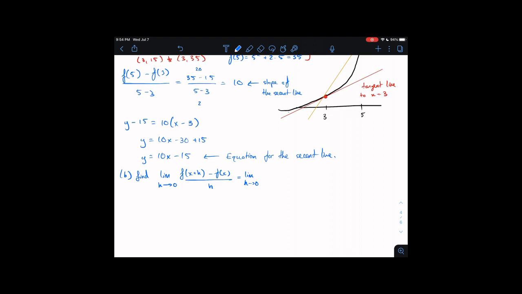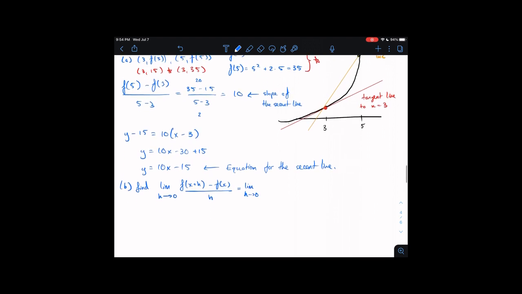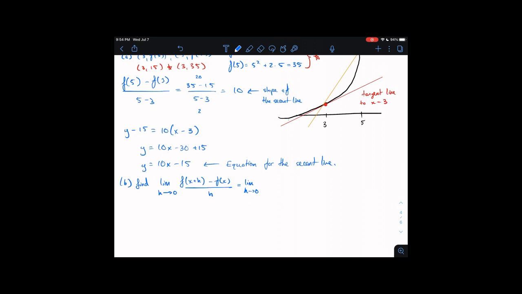Now we plug stuff in. F of x is x squared plus 2x. So we're going to plug in x plus h everywhere there was an x in that function, and then f of x normally. This is all over h.